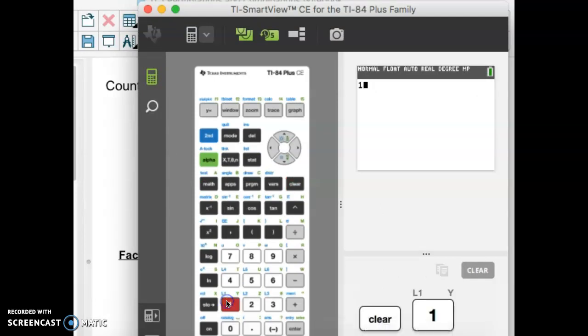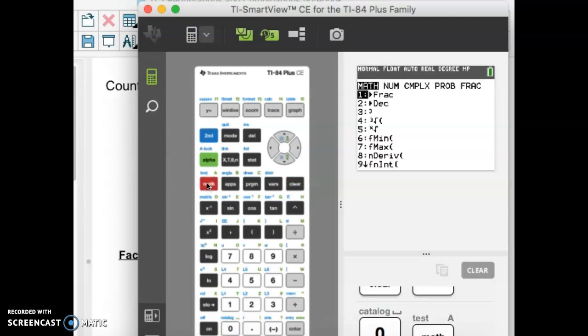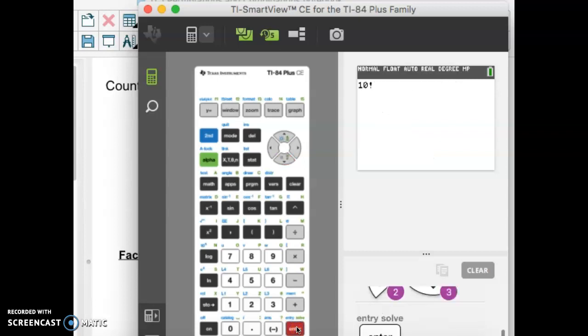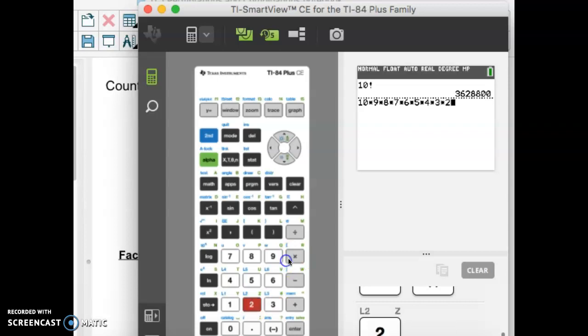Factorial multiplies all of the numbers in decreasing order. On your calculator, it lives under the PRB, or prob, menu. We're going to look at the nPr, nCr, and factorial today. There's the factorial. And it's going to give you the same answer as if you were to go through and multiply all of these together.